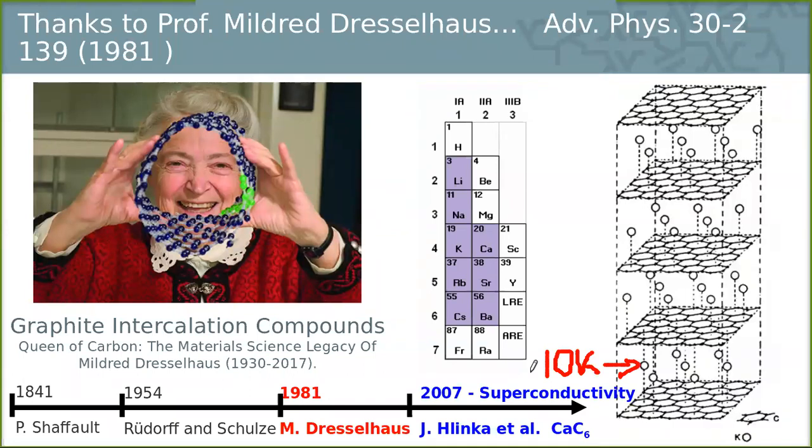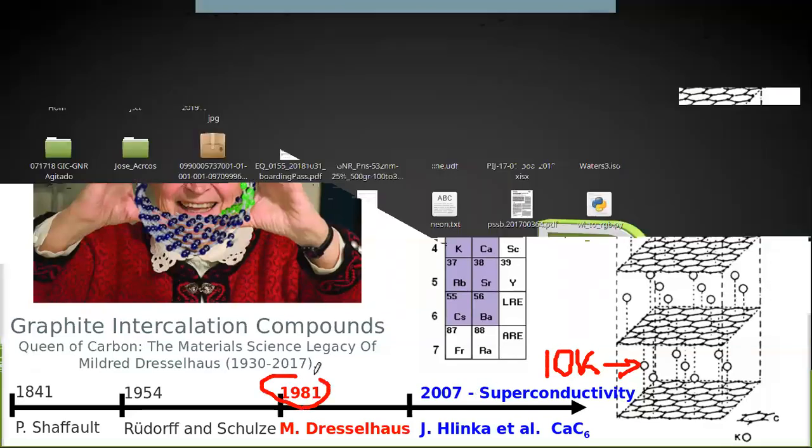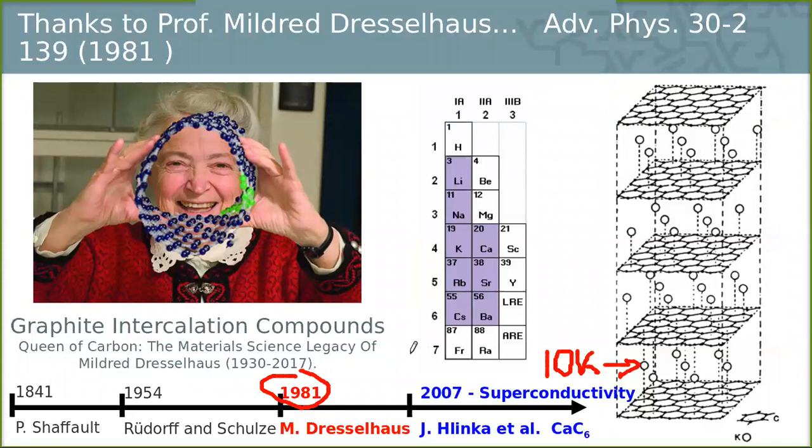People got very interested in using alkali metals in order to create superconducting materials. But the main properties of these materials were still not fully known. That's why Professor Dresselhaus in 1981 was studying all these different properties and describing how it is possible that we can create this system, and how the alkali metals order and have a preferential order in between the graphitic layers.